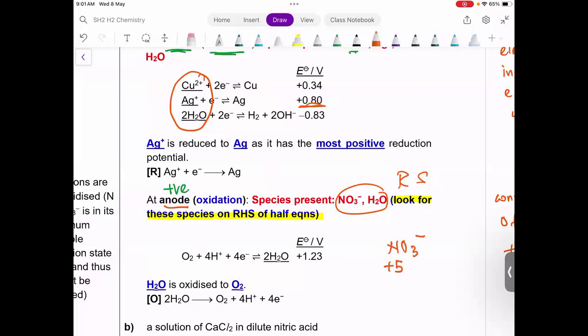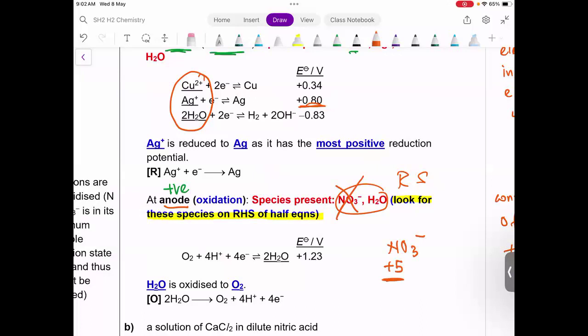So there's no way nitrate can appear on the right side because nitrate cannot be further oxidized. Once you see nitrate, you don't even need to consider oxidation. Even though it's an anion, it doesn't mean that it can get oxidized because it's limited by the maximum oxidation number.